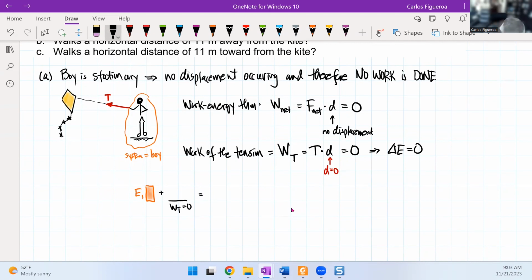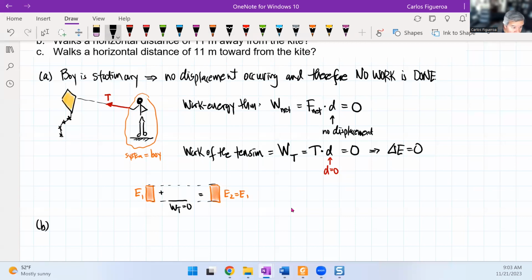As a consequence, the energy of the boy did not change because there was no work done. So in that sense, it's straight up like that.